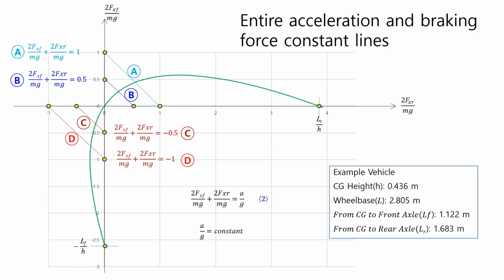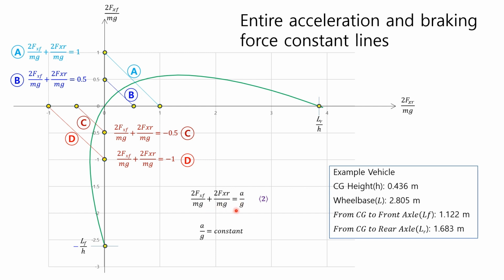Here, we will draw the entire acceleration and braking force constant lines in the nondimensional force coordinate system. First, in the acceleration domain, the constant entire acceleration force in the first quadrant means that the acceleration is constant in the previously obtained equation 2.